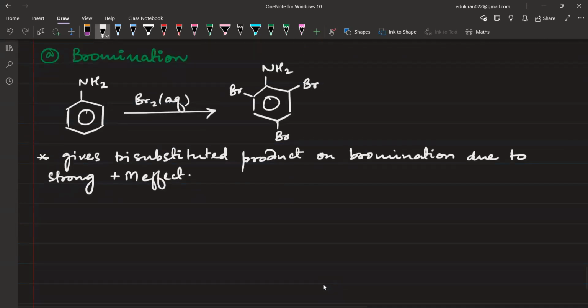Now see, if we want to control it, then acetylation of aniline is done. Okay, so you write the next point.